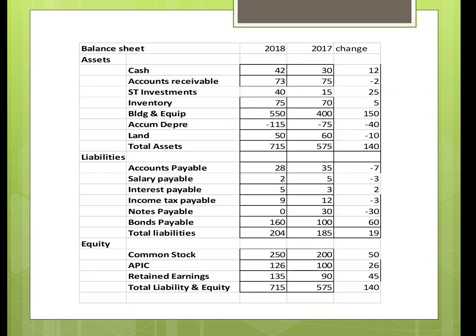So here's our example. First, we need again a balance sheet for 2 years, and the first thing we want to do is take a look at what are the changes in the accounts. That's what I always like to do, and I want to see, did they go up or did they go down?